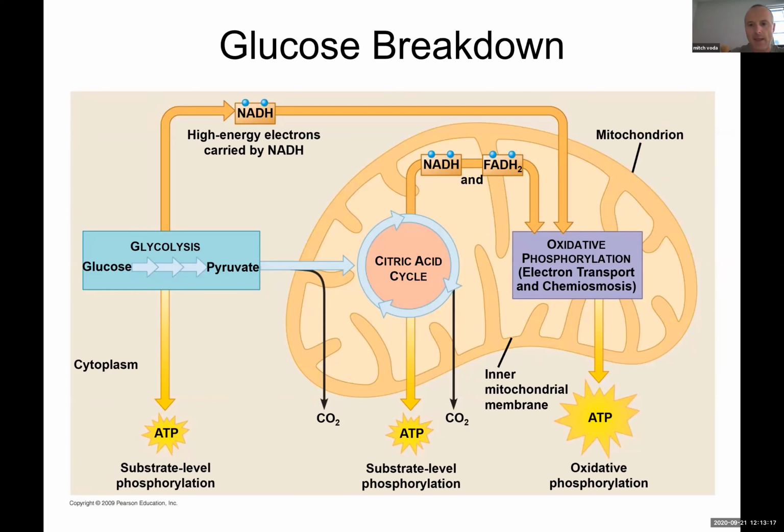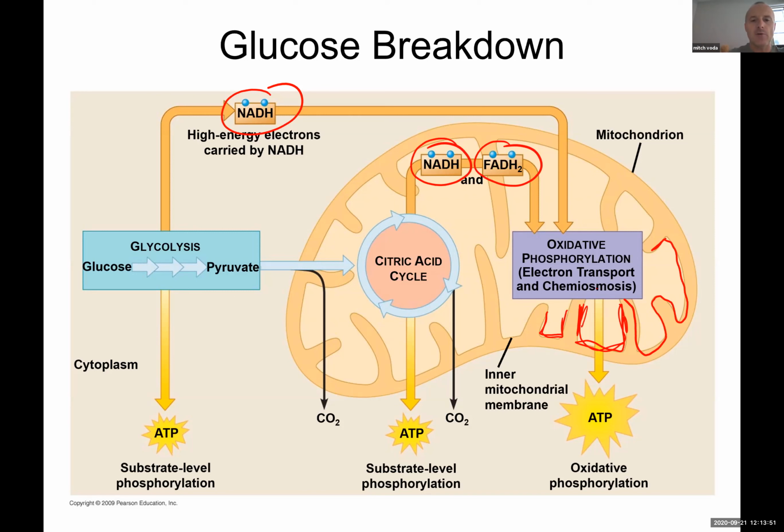FADHs and NADHs from all these steps will end up in the crista, somewhere here in the inner membrane of the mitochondria, where the actual machinery to produce ATP is. The machinery is embedded here in this inner membrane. That machinery is called the ATP synthase complex, and I'm going to go over it in a minute.